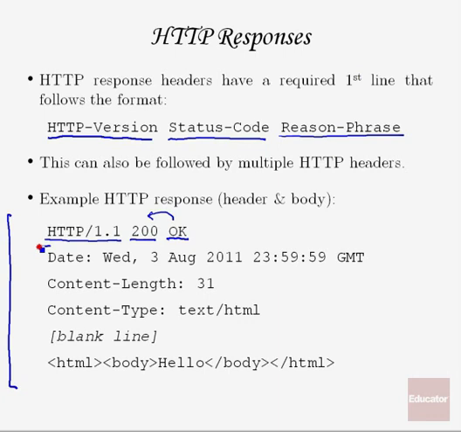Now, these are examples of a couple of HTTP headers that can optionally be added to an HTTP response. A common one you'll see is the date header, which says the date and time of when this particular response was generated. Then you'll almost always see a content type header, which says that the content the HTTP server is sending to you is text in the form of HTML.